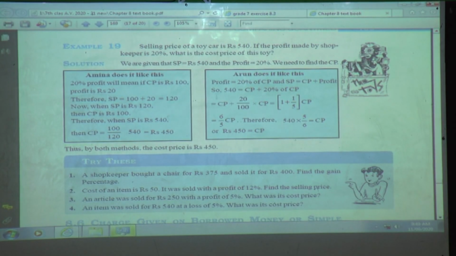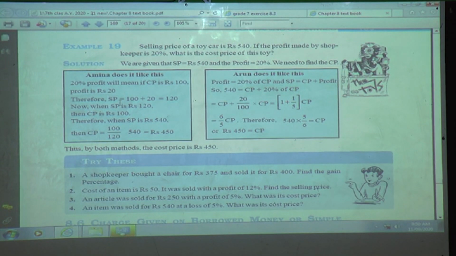Now we have two different methods here, so we will try to understand the steps. Amina has done it in this way. 20% profit means if CP is rupees 100, this is our consideration, then the profit is rupees 20.